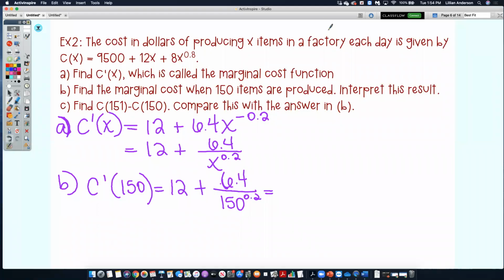We're not talking about money here, so how should we round? Two after the decimal. What do we get? 14.35. Okay, so that will be $14.35. Okay, so what does that mean?